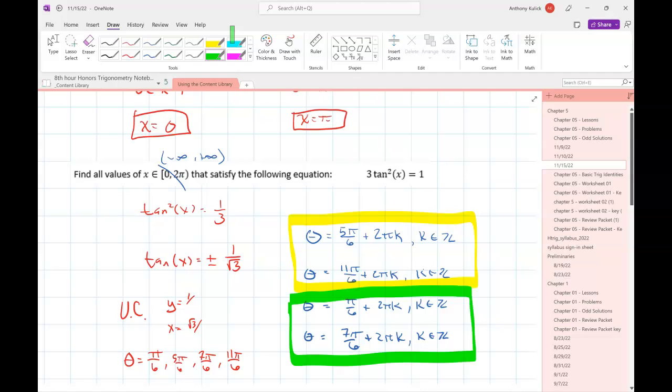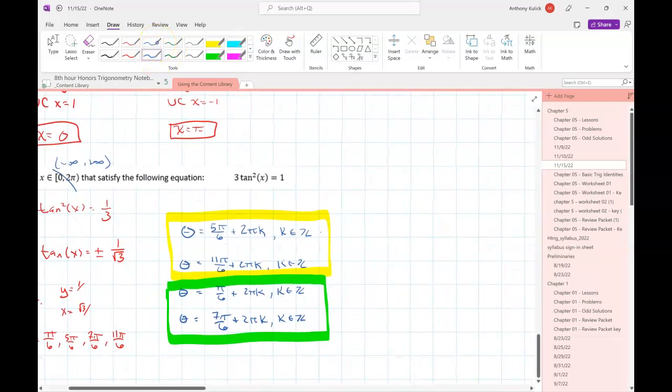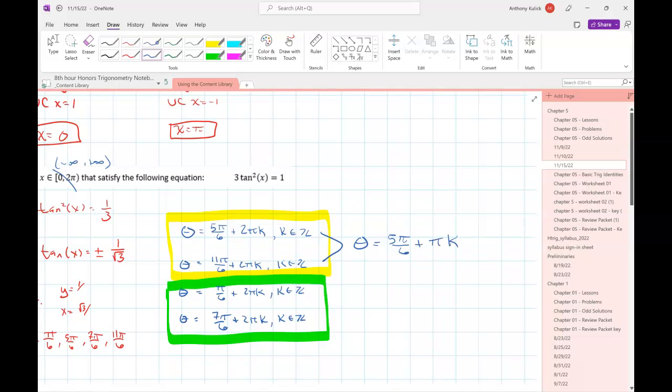If I add pi to that, I'm going to get 13 pi over 6, which is coterminal to pi over 6. So I could combine these answers into one solution by, instead of going by 2 pi's, going by 1 pi.